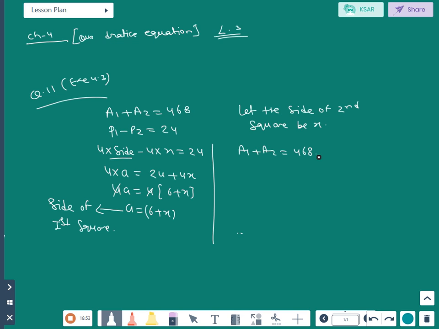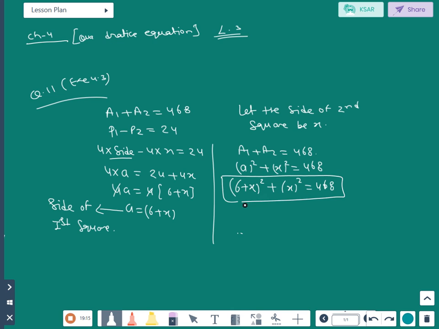What is the value of A1? a square plus x square is equal to 468. But we already found the value of a. What is the value of a? 6 plus x whole square plus x square is equal to 468.